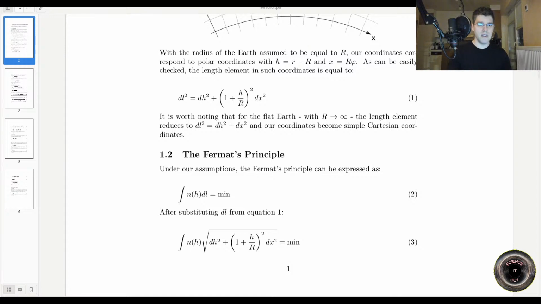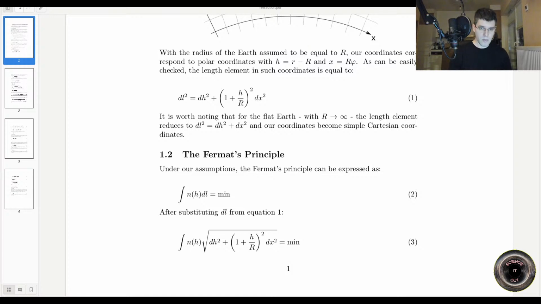So Fermat's principle states that, and here we start with the more advanced maths. We have integrals. And Fermat's principle basically states that the integral over a curve, over the path of light, of the refractive index times the length element, well, the path of light is such that this integral is minimal, or more precisely extremal, because in theory it's possible for the path to be such that this is maximal and not minimal, but I think that would be kinda hard to have in practice.